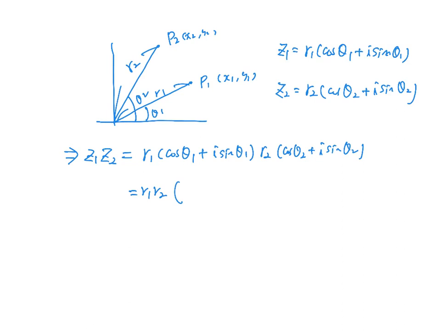So it's cosine theta 1 cosine theta 2, right? If we multiply the imaginary parts together, what do we get? Minus sine theta 1 sine theta 2, and the imaginary part is sine theta 1 cosine theta 2, plus cosine theta 1 sine theta 2.